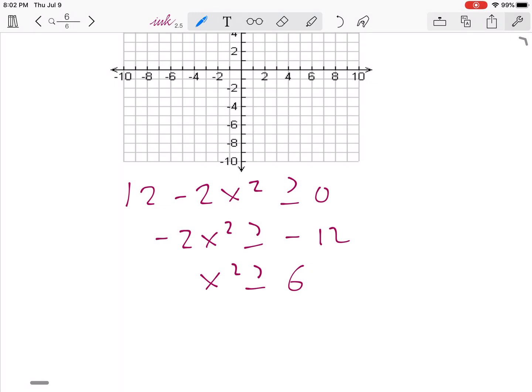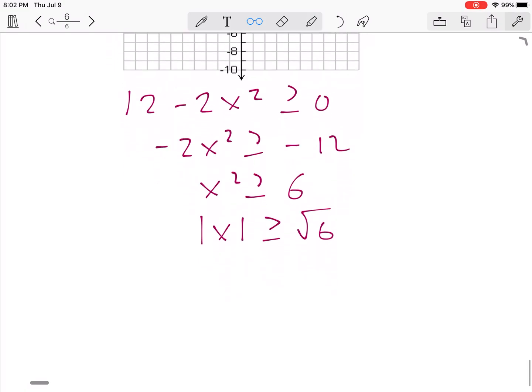So you're going to square x, right? So it doesn't really matter what it is, it's always going to be positive. So the way I'll write this down is the absolute value of x has to be greater than or equal to root of 6. Okay, so again, if it's not equal to that, then it's not a correct answer. Okay, so there's two possibilities here.